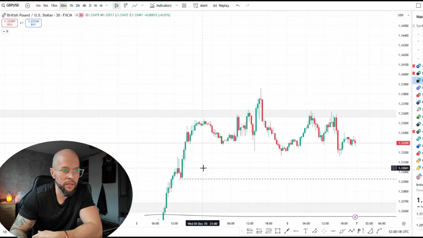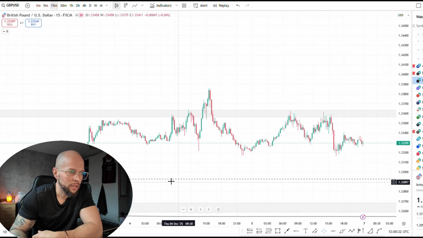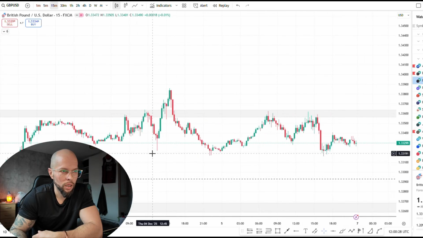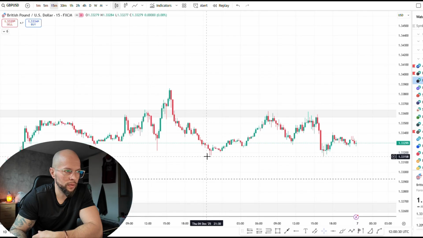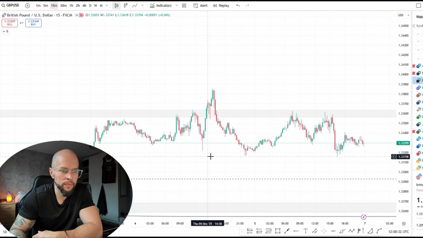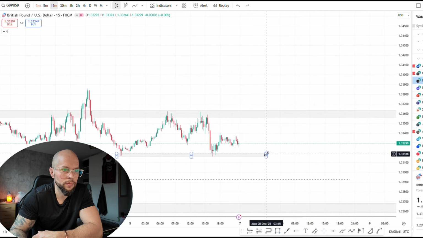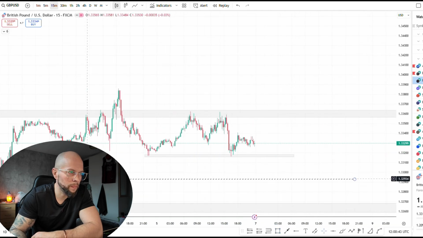That's a nice fair value gap over here. 15 minutes, what we have, 15 minutes to the side. We definitely have a level over here as well.